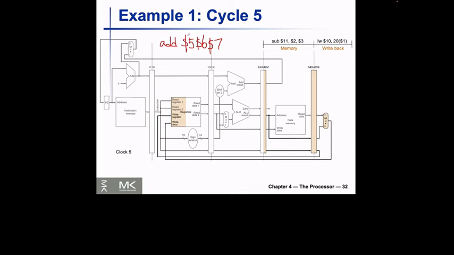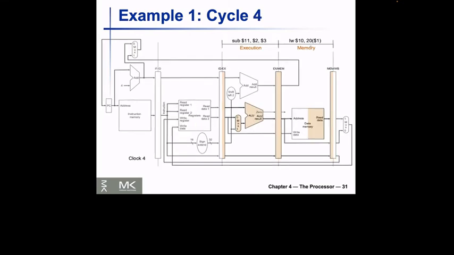So if we put this $5 inside this write register, then something goes wrong, right? Because it becomes like we load the word to $5. So that's wrong. So that means at the instruction decode stage, we should not put the write register yet. We should decide the value of the write register when we are doing the write back.